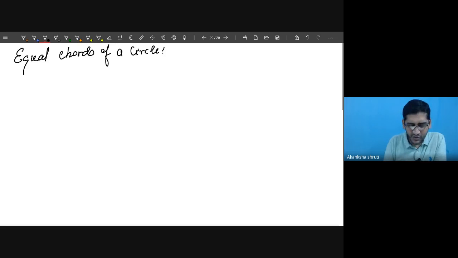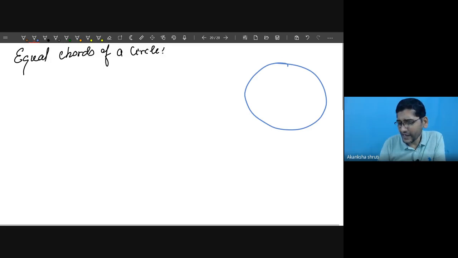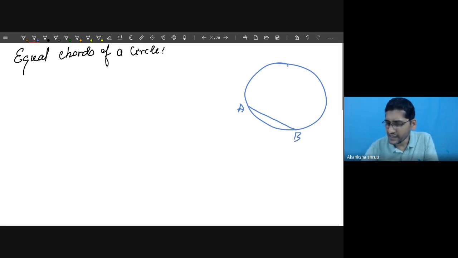So whether you write equal chords of a circle or equidistant chords. Students, how many equal chords can be drawn? Any number of equal chords can be drawn. A to B, I may draw another one, CD. It may be possible that AB is equal to CD.